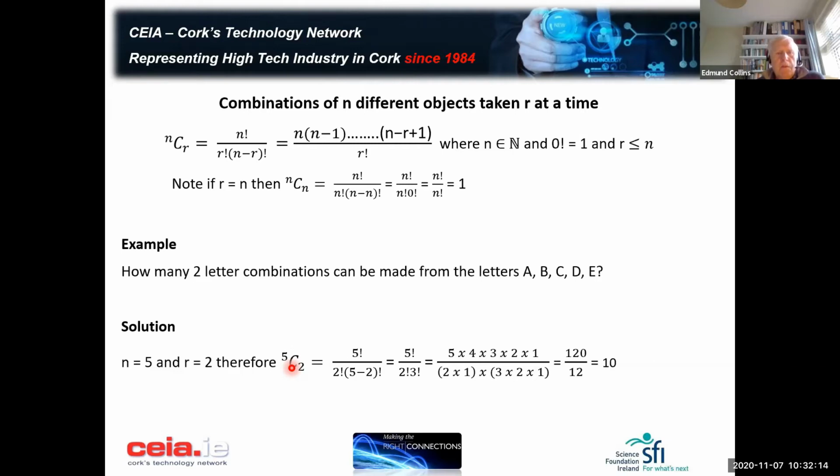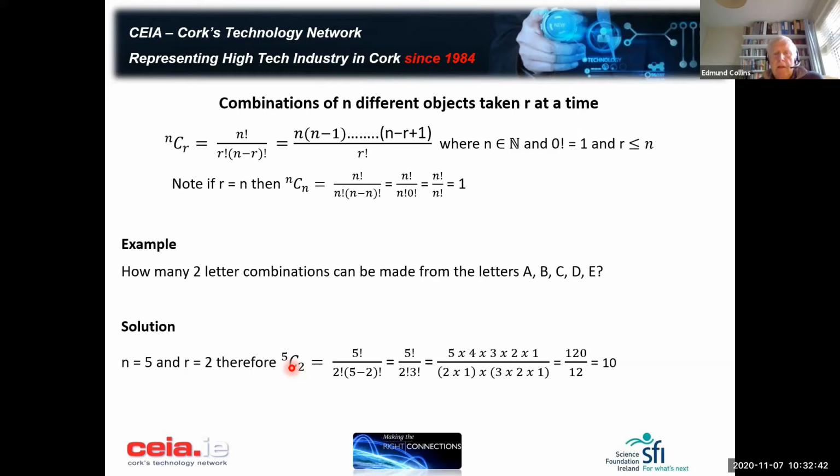This formula is somewhat similar to nPr, except this is factorial n divided by factorial r multiplied by factorial n minus r. So there's an additional factorial r in the denominator there. And you see it's worked out there.